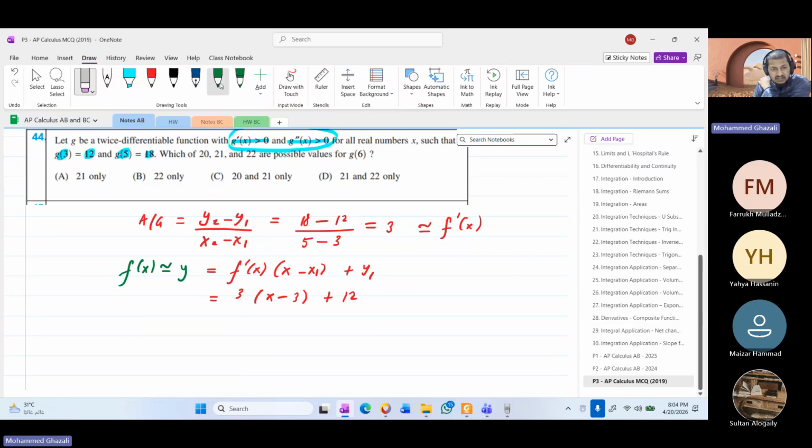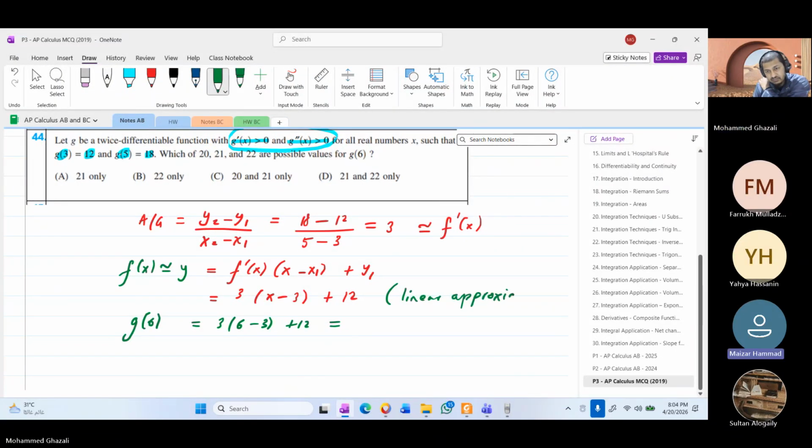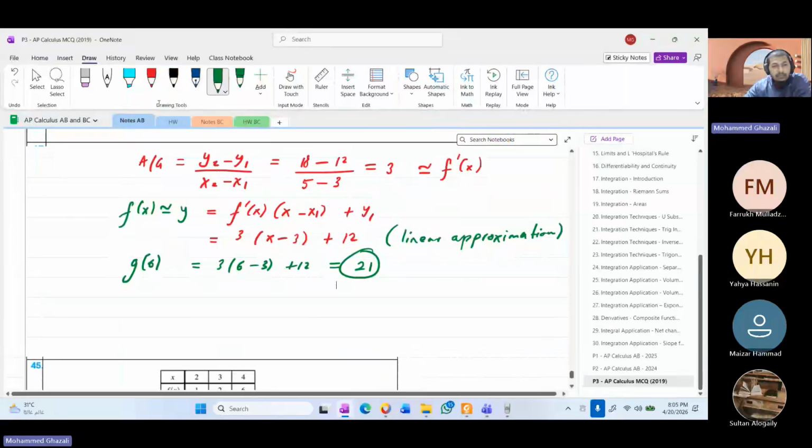So g of 6 is equal to 3 into 6 minus 3, plus 12. This is the linear approximation. Now, what is the answer here? Is 21 correct?